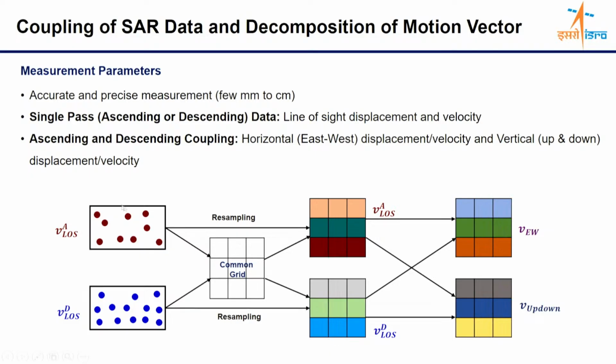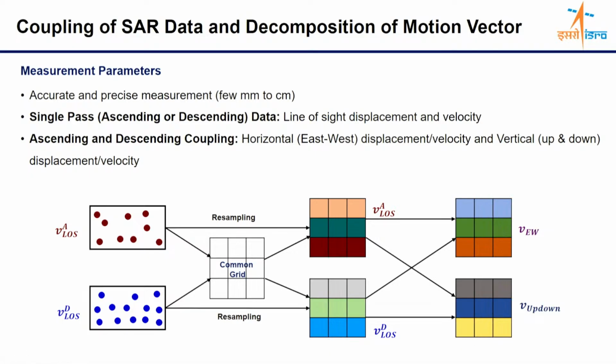Those outputs are basically point outputs. Suppose you are processing the ascending data sets, then the point distribution is like this, and the same area you are investigating using the descending pass, the points are like this. So you can see the output from the descending pass is different from the ascending pass.